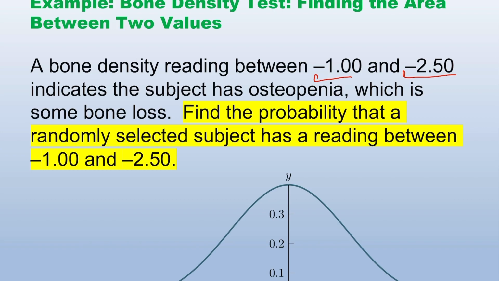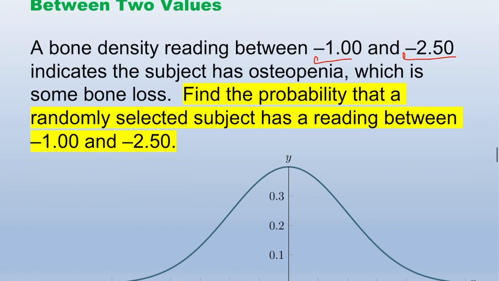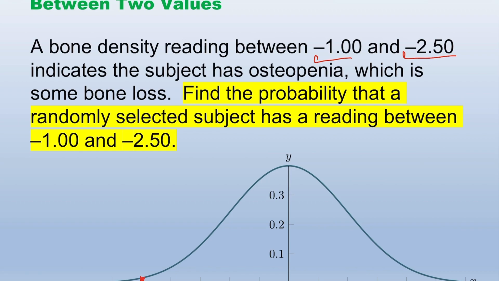Find the probability that a randomly selected subject has a reading between -1 and -2.5. So where is that? It's here, between -2.5 and -1. It does not include the values over here, and it does not include these values here. It just includes this area here.